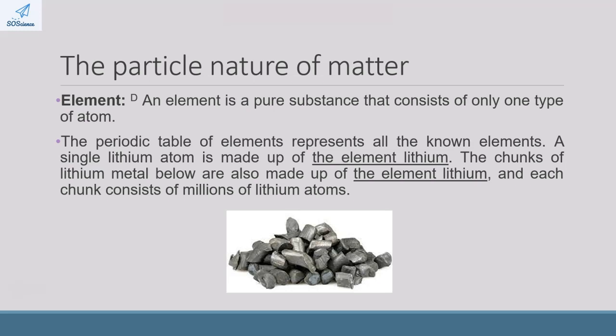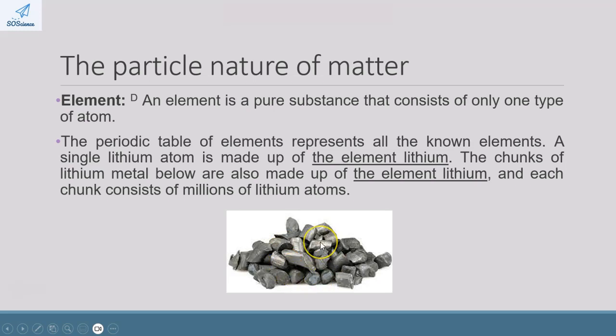And a single lithium atom is obviously going to be made up of the element lithium. That's simple. But now we've got chunks of lithium metal, and this is made up of millions and millions and millions of lithium atoms. But we can also say that this is made up of the element lithium.